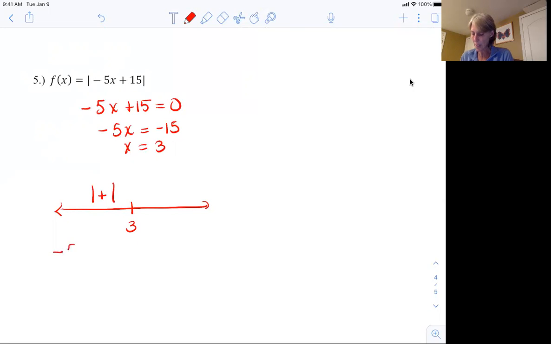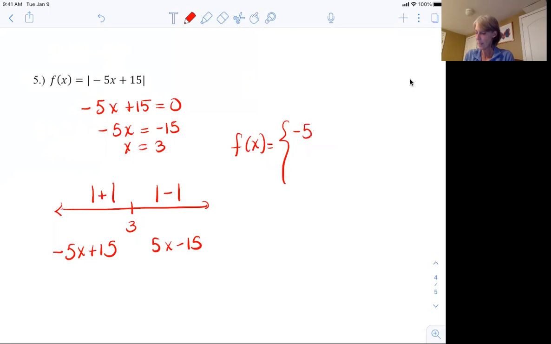So when I take away the signs, I don't do anything to the function. Plug in a number bigger than 3. If I plugged in 4, I would have a negative number inside. When I take away the signs, I have to negate what's inside. And now we just rewrite this as a piecewise function: negative 5x plus 15 when x is less than 3 and 5x minus 15 for all x values greater than 3, and we'll put the equal sign there right now.